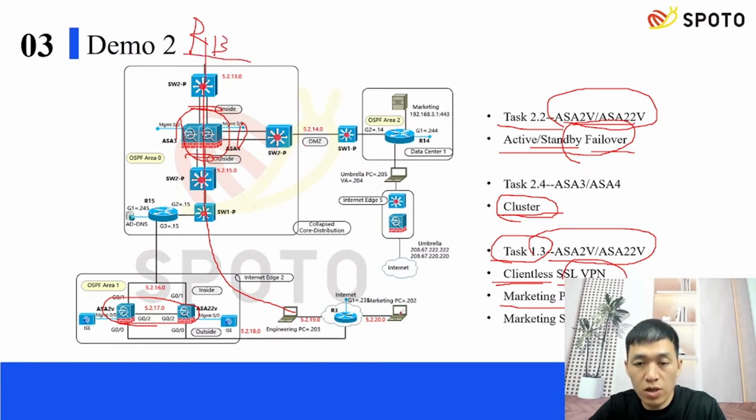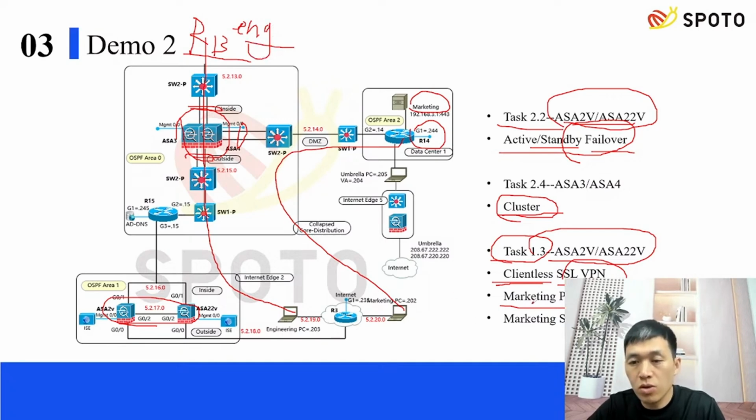And the marketing router 14 for marketing server, and here for engineering server. So marketing and engineering PCs should access their own server respectively and securely.